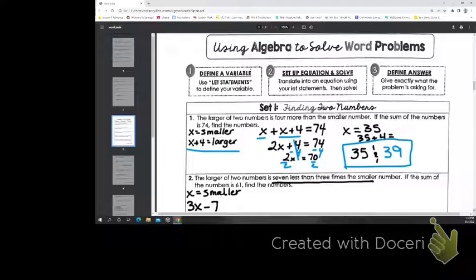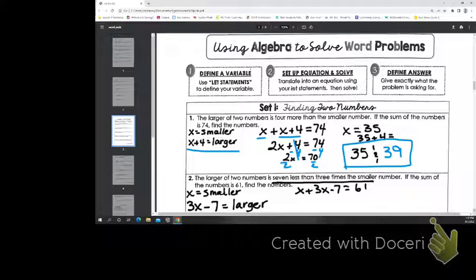So 7 less than something means we're taking the 7 away from the something, not something away from 7. And again, we have the sum. So that means we're going to add these together. So the x represents the small number, the 3x minus 7 is the second number, the large number.